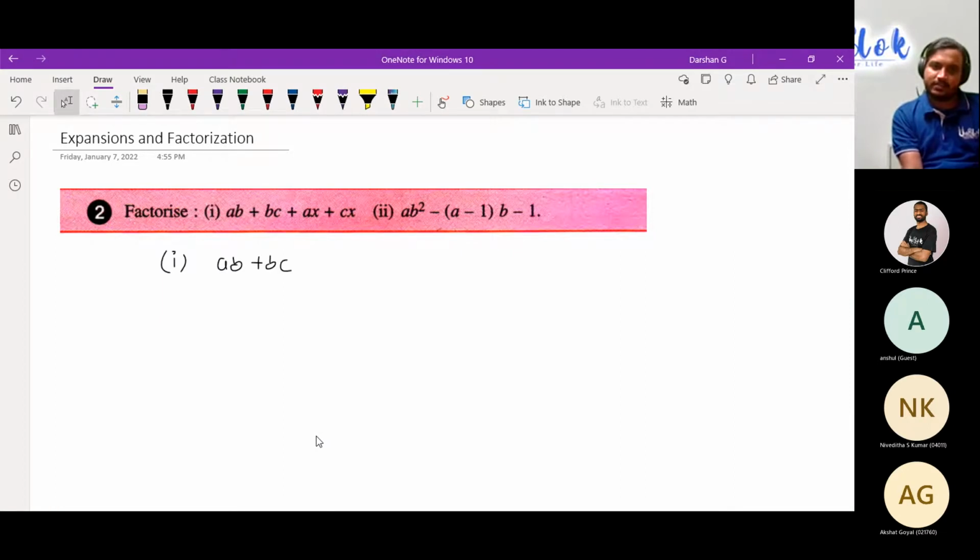Anyone with the answer? So we have to see, a plus c into b plus x. Right, a plus c into b plus x, correct. a plus c into b, a plus c into x. So what is the answer? a plus c into b plus x.